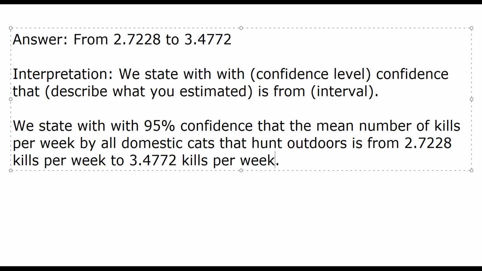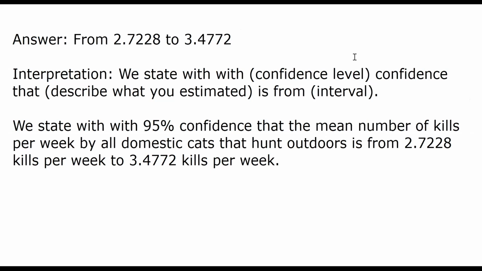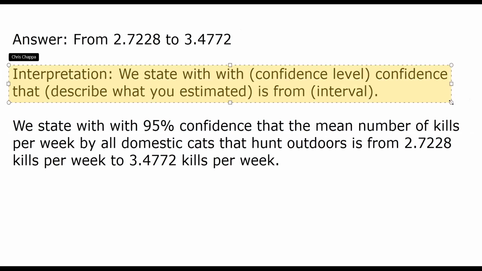So we state with 95% confidence that the mean number of kills per week by all domestic cats that hunt outdoors is from 2.7228 kills per week to 3.4772 kills per week. Again, I can't stress enough that the interpretation of a confidence interval is actually very predictable. All you have to do is say a statement like this, replace the confidence level with the specific confidence level, describe what you estimated, in other words, what your population variable was measuring, and then, of course, your interval.